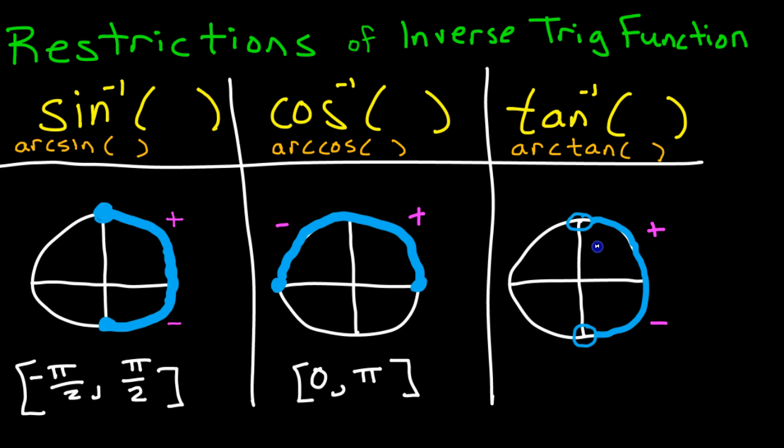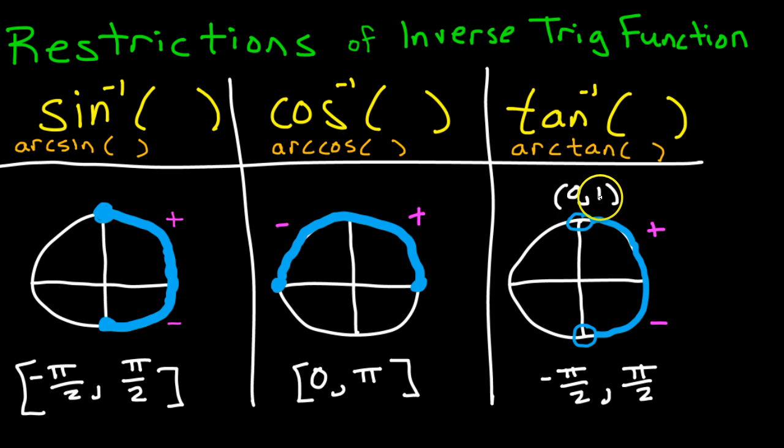There's one little twist here. Notice that I've put open circles at these endpoints. So this is still negative pi over 2 to positive pi over 2. But think about it. The tangent is y over x, right? It's sine over cosine. So tangent is not defined at these values because, for example, this is the point 0, 1.